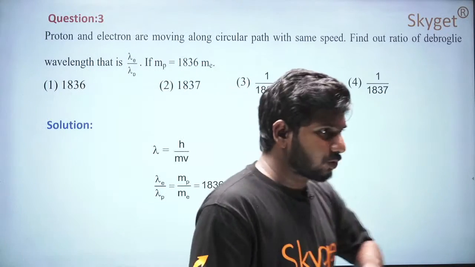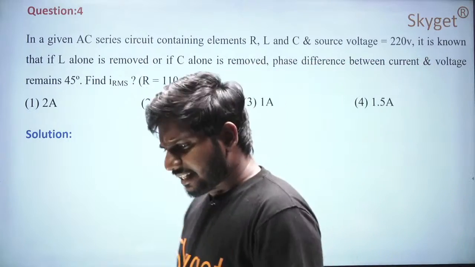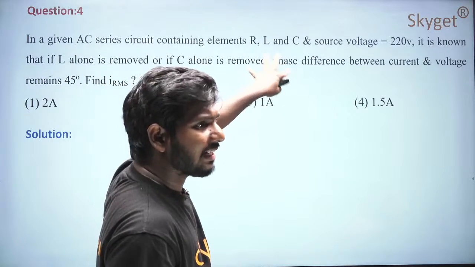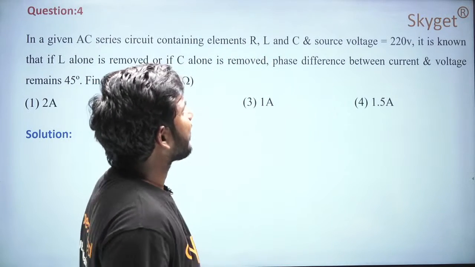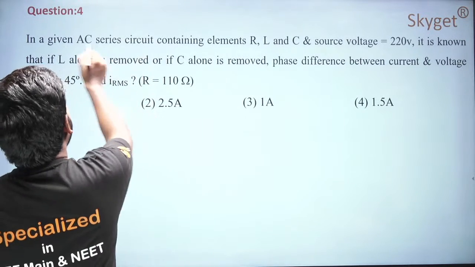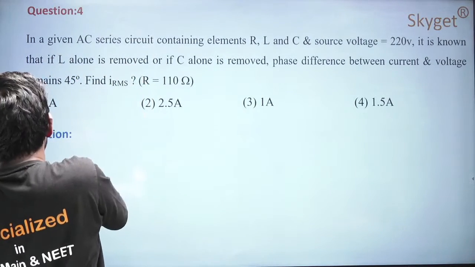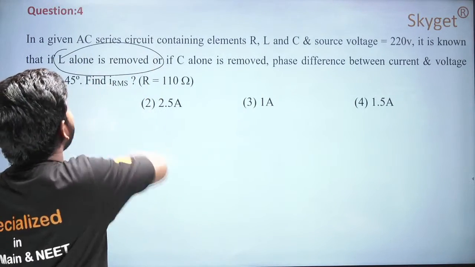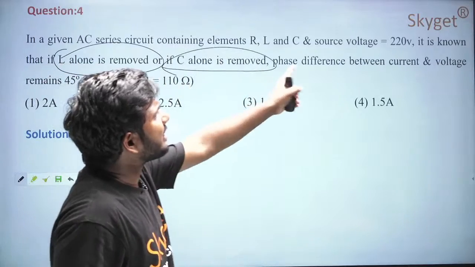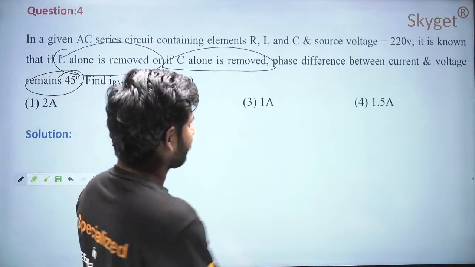So let us go to the next question, students. In a given AC series circuit containing elements R, L and C, the source voltage is 220 volts. It is known that if L alone is removed, carefully listen here, students, or if C alone is removed, the phase difference between current and voltage remains 45 degrees.